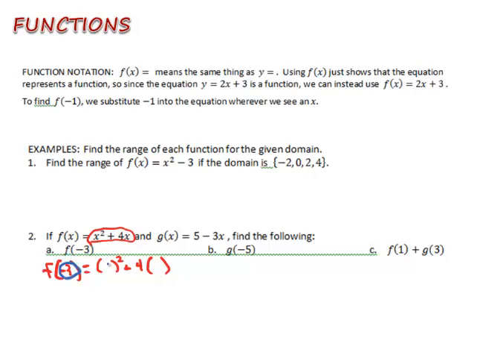So I'm going to put negative 3 here and negative 3 here. Now, negative 3 squared means negative 3 times negative 3, which is just positive 9. 4 times negative 3 is negative 12, so I'm going to put minus 12. Now 9 minus 12 is negative 3. So f of negative 3 is going to equal negative 3.